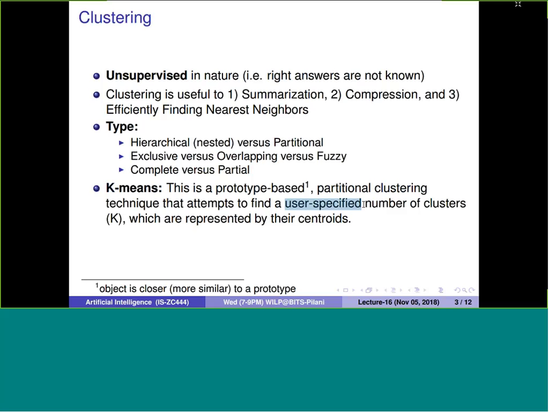It is specified by the user, and the system does not discover it. The user specifies that there are k different clusters. He may say this because of his own domain knowledge. Then the algorithm's task is to find the items belonging to those k clusters. All right.